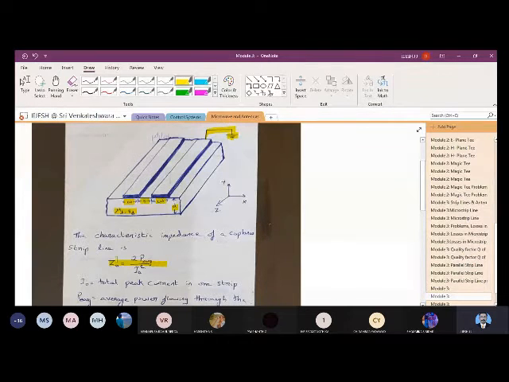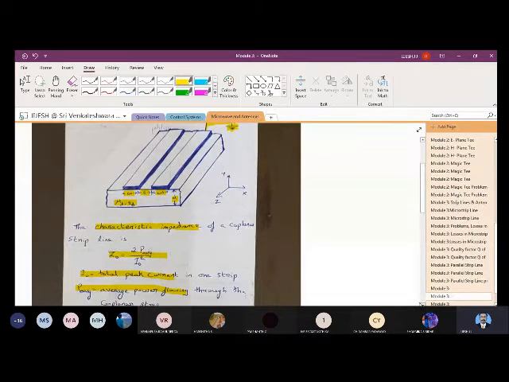This is the characteristic impedance of a coplanar strip line, where I naught is the total peak current of one strip, and P average is the average power flowing through the strip. These are the very basic equations for the coplanar strip line. That is the characteristic impedance Z0, which is 2 P average divided by I naught square.